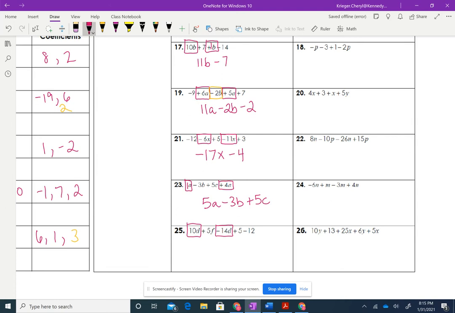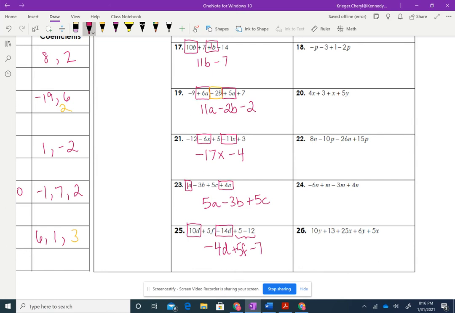And then we also have our constant terms, the 5 minus 12, right? So we'll just put these in alphabetical order. 10d minus 14d is negative 4d. And plus 5f stays plus 5f. And 5 minus 12 is negative 7.